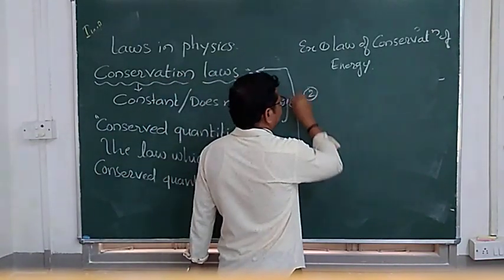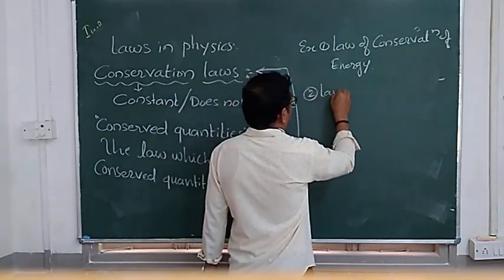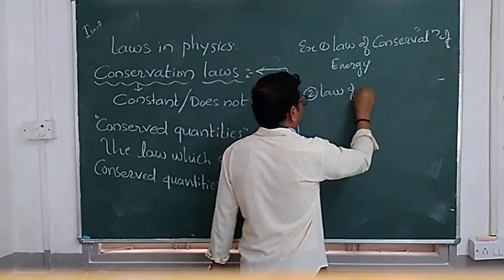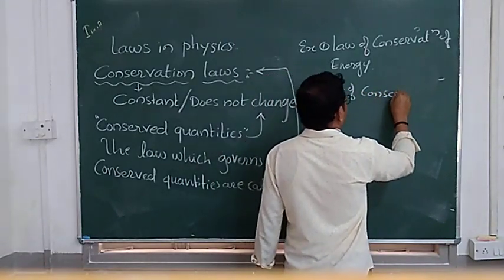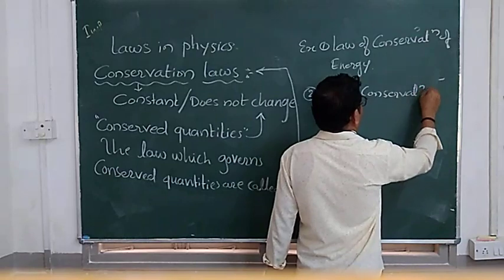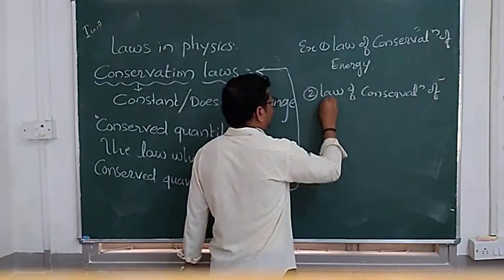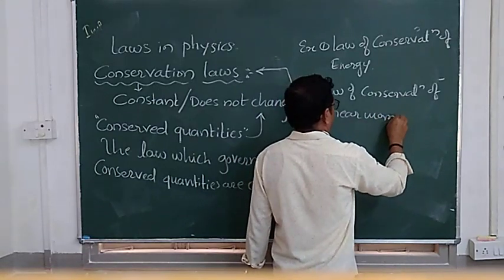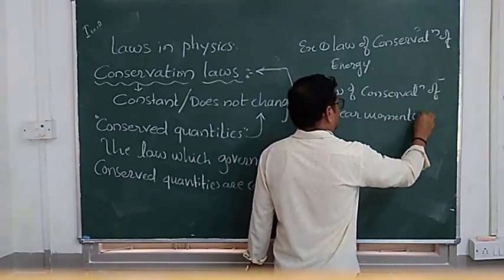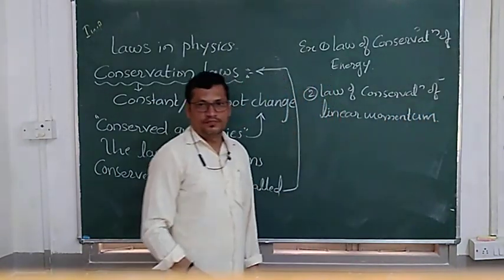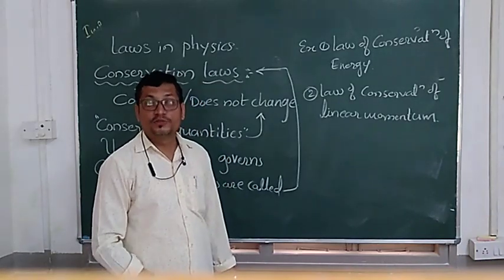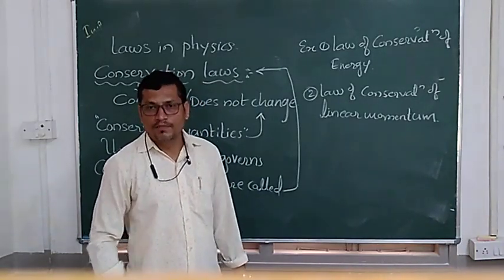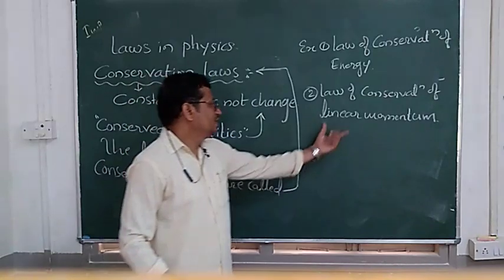Second one, we can write law of conservation of linear momentum. You will study this. P is equal to mv, mass into velocity, is called linear momentum.